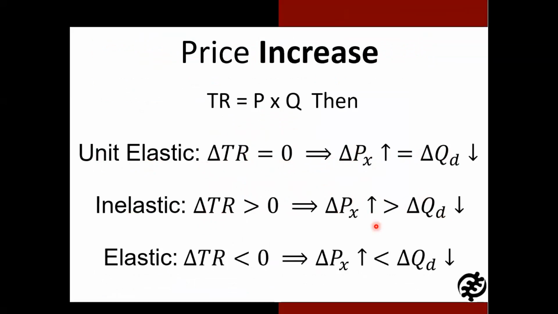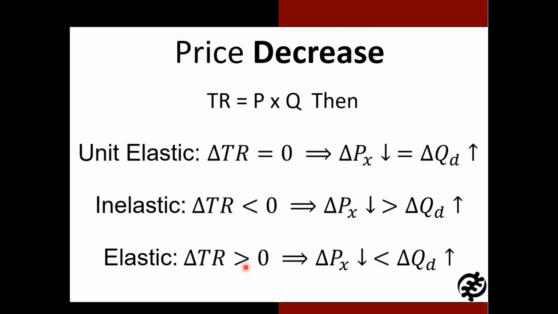So if you increase your price, the price arrow is bigger than the quantity arrow, that means your total revenue will go up. If it's elastic, that means the quantity arrow is bigger than your price arrow. So if you're raising prices and the down arrow is bigger, that means the total revenue is going down. Inverse is true for a decrease.